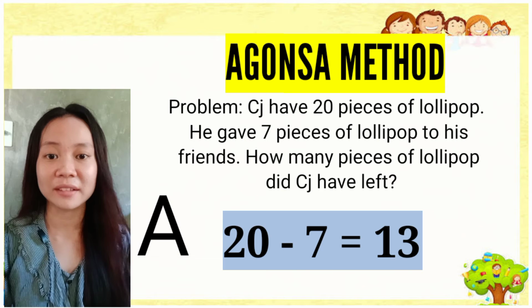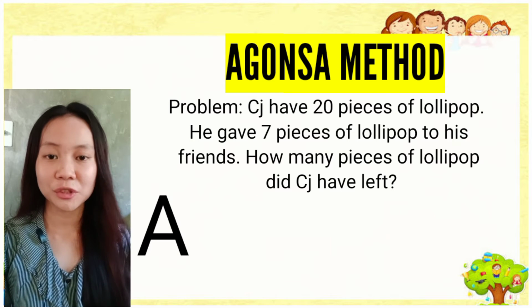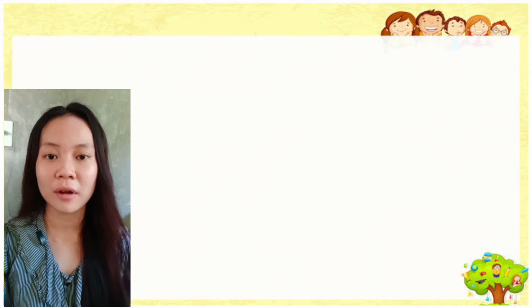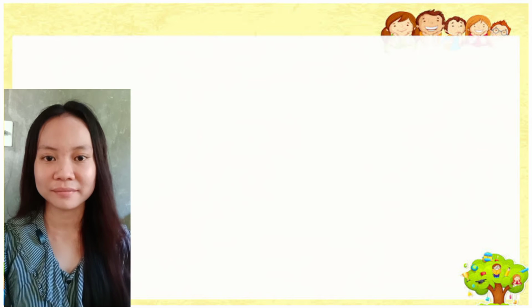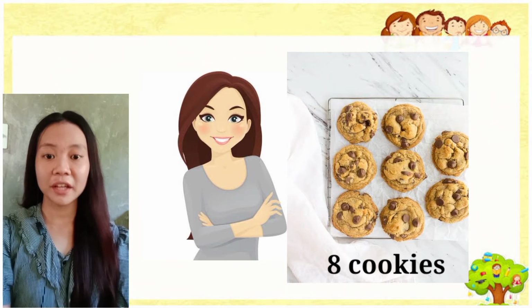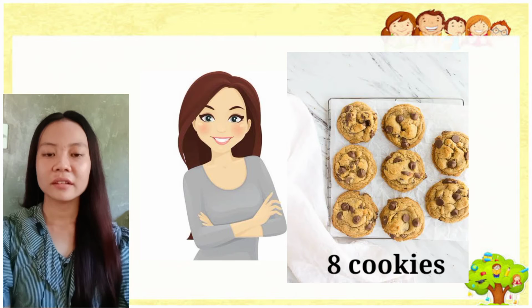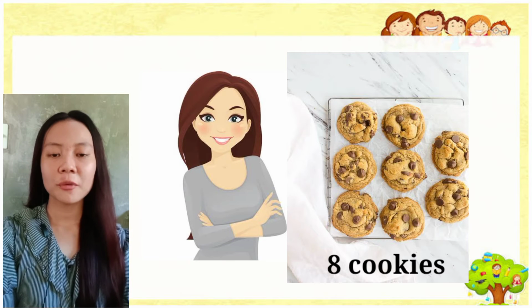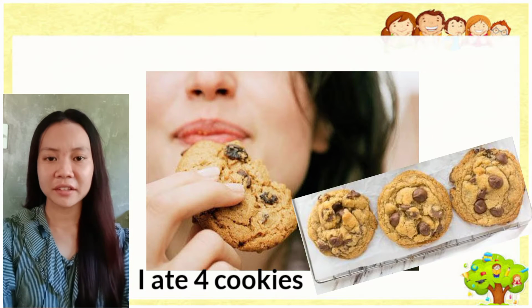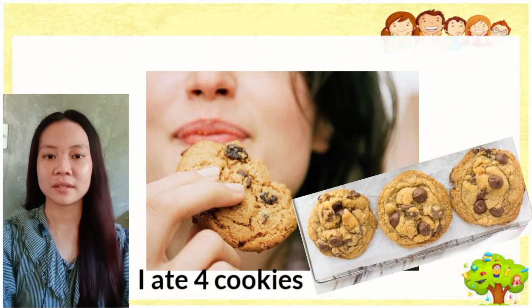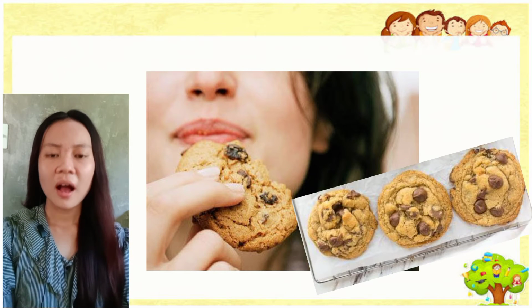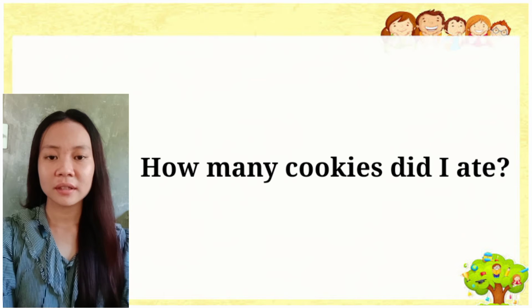Did you understand, kids? So, I have here also another example. I have 8 cookies. And then, after a few minutes, I ate 4 cookies. So, how many cookies did I eat?